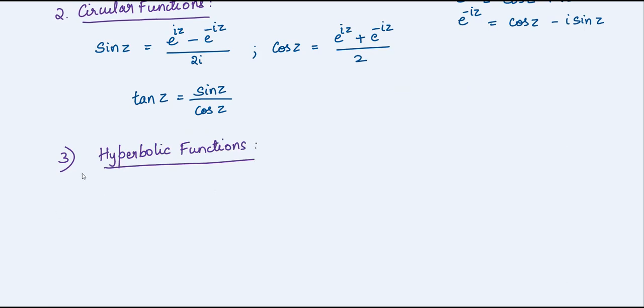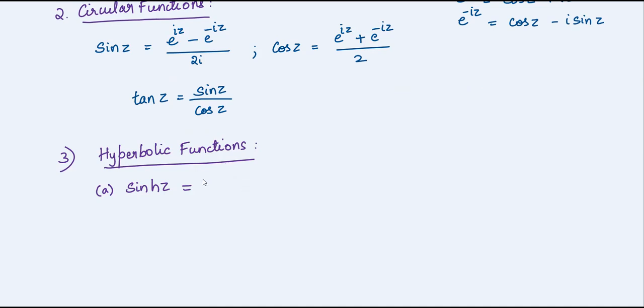Now, hyperbolic functions. Sine hyperbolic z. Hyperbolic functions were like e power x minus e power minus x by 2.